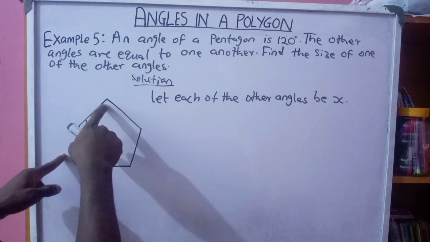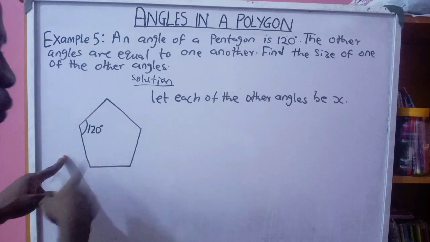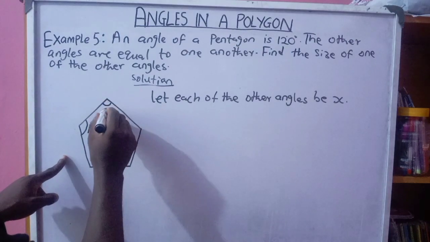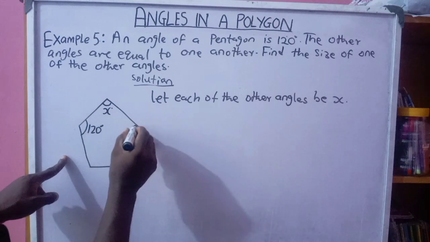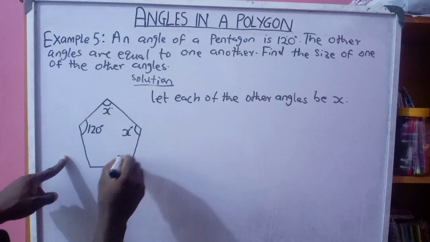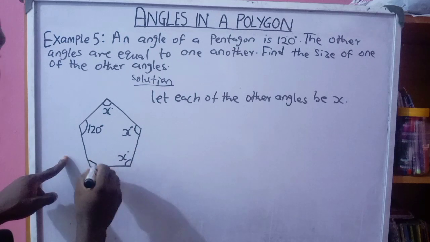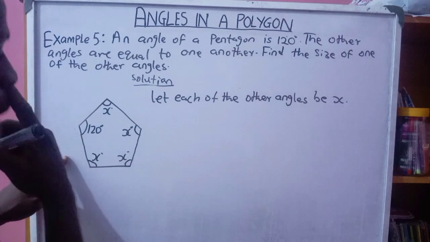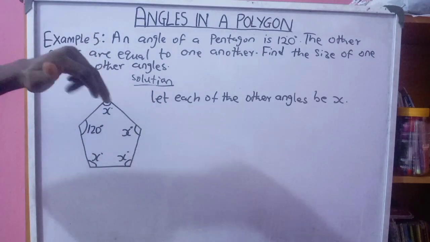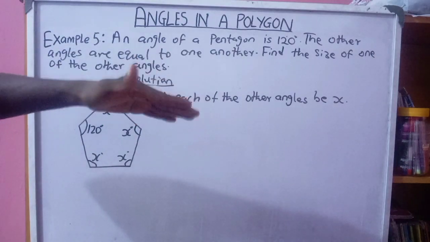And they now say that the other ones are equal, so we represent the other ones as x. Meaning this place x degrees, then this place x degrees, this place x degrees, this place x degrees. So now, as we can see from here, we use x to represent the other angles of the pentagon.